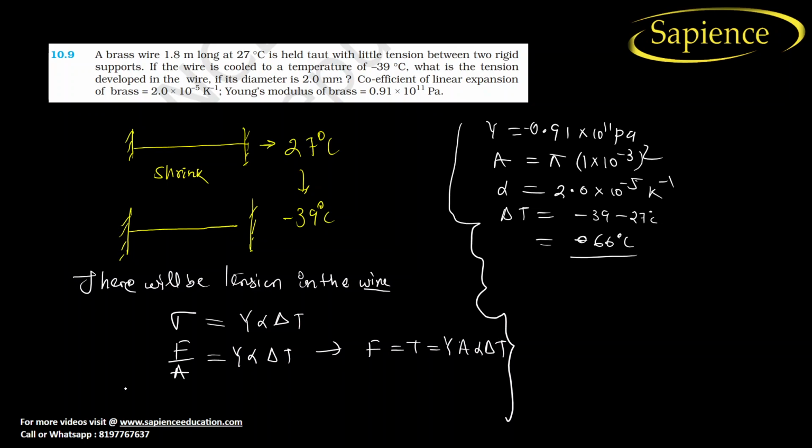Now finally we need to find the force. So force, or tension, will be equal to Y, that is 0.91 into 10 to the power 11, into area, which is pi into 1 into 10 to the power minus 3 whole squared, into alpha, 2.0 into 10 to the power minus 5, into delta T, that is 66 degrees Celsius.